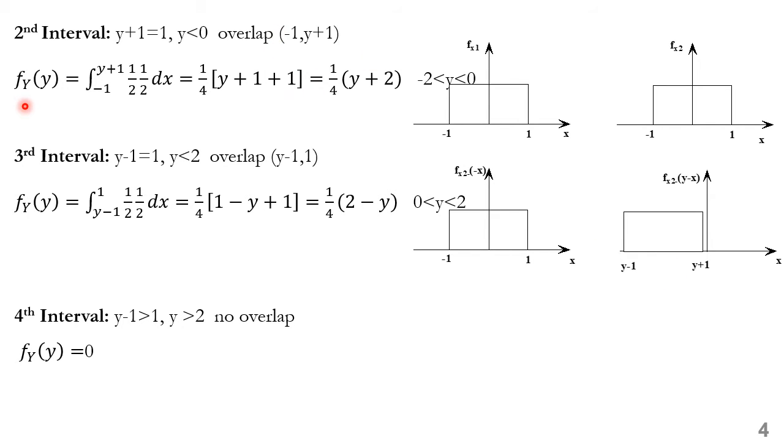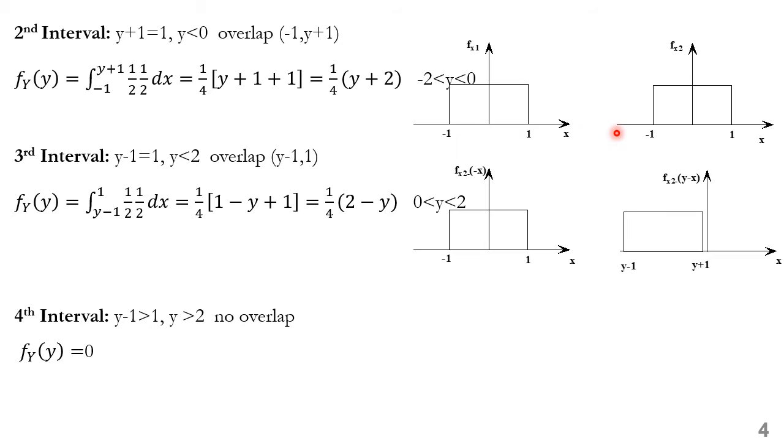Let us try to find the PDF for y. We will integrate the product of the two PDFs with respect to x over the period minus 1 to y plus 1. That will give you 1 by 4 (y plus 2), for y varying between minus 2 to 0.